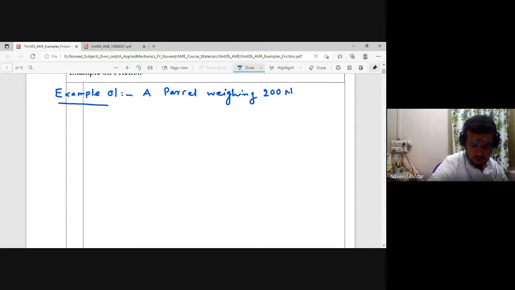Is just on a point of moving horizontally by a force of 50 Newton. Write down this question.